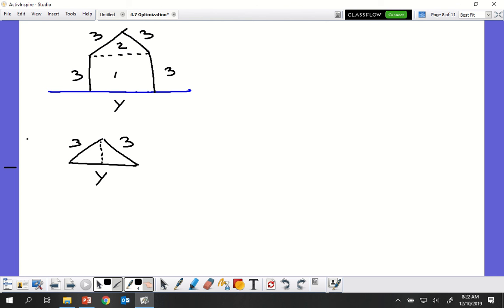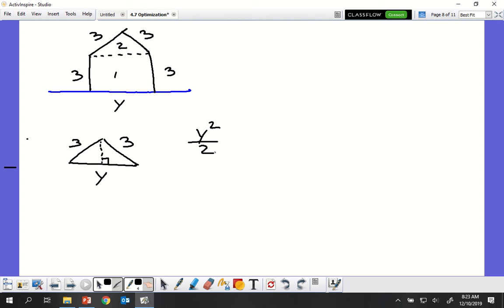I could do some Pythagorean Theorem, right? So let's try some Pythagorean Theorem off of it. I know it's going to be, because I'm only going to use half of it, because I'm going to use that as my height, my altitude of that. So it's going to be y squared over 2, right?